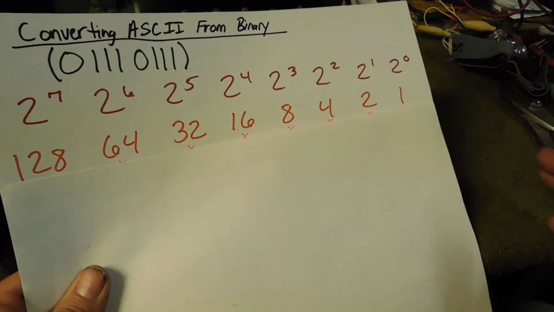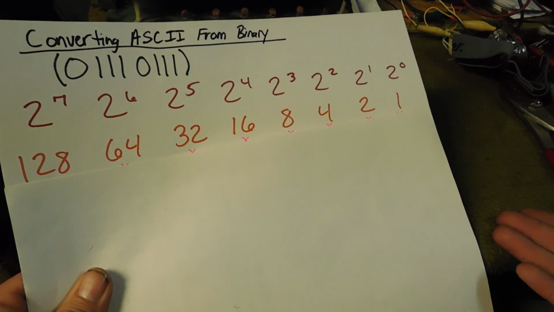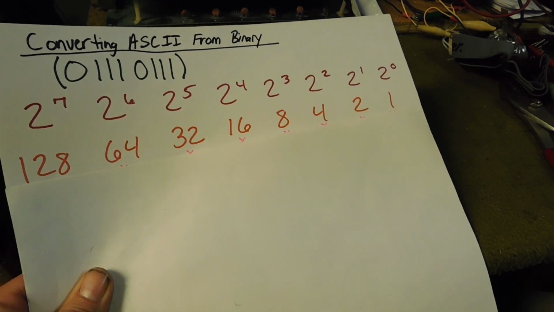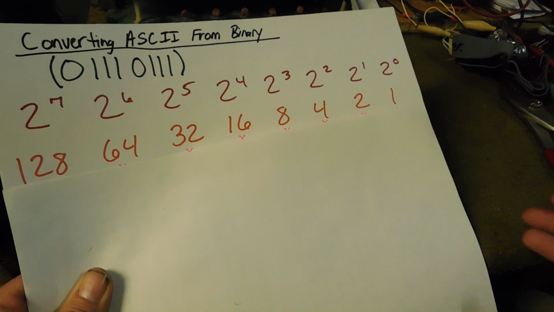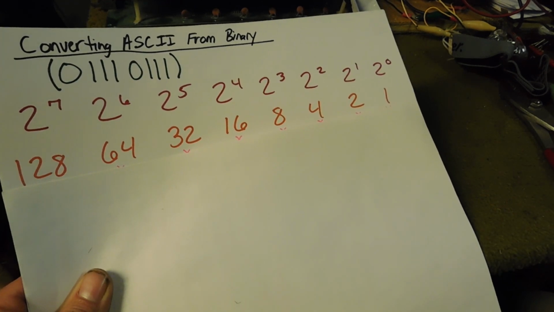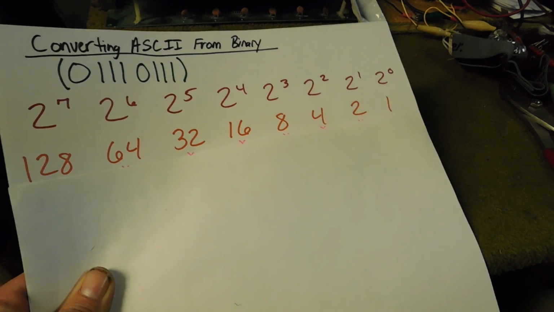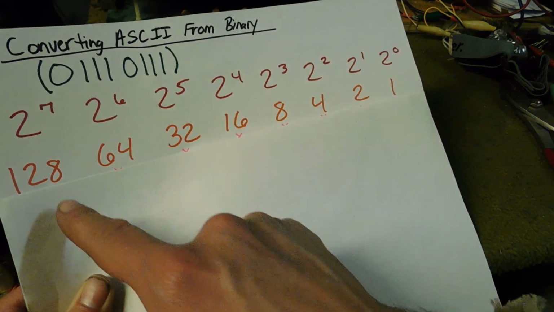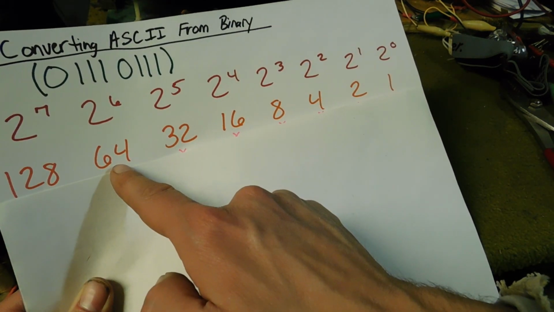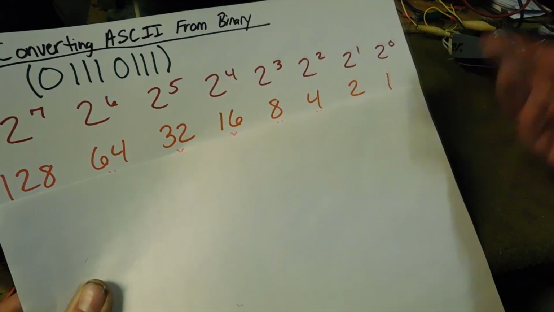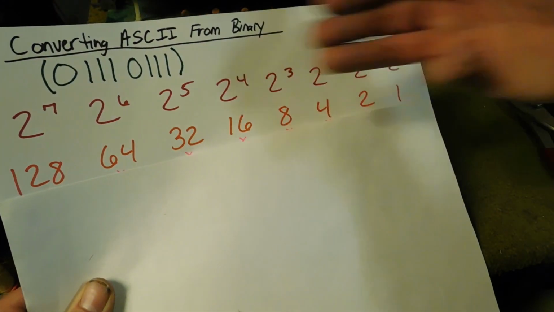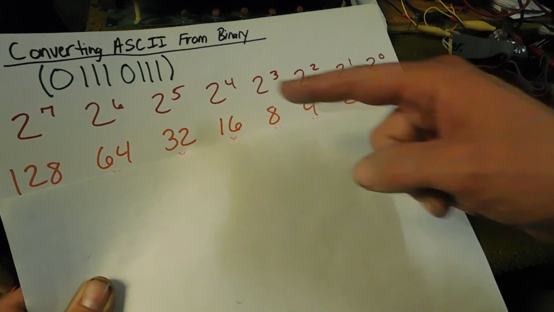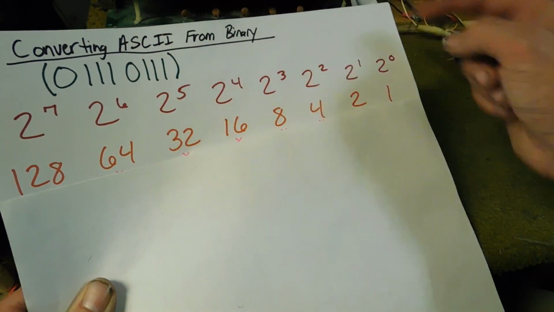Because remember, like I just said, we have 128 symbols within our ASCII coding. Because we have uppercase letters, lowercase letters, and symbols themselves, like exclamation points and so on. Now, since it's being done by the power of 2, we're dividing each of these down, as you can tell, because half of 128 is 64, and 32, 16, 8, 4, 2, and 1. Just like that. So this is our basic standard setup right here. This is the equation you're going to start with when you're trying to convert your binary code into ASCII.